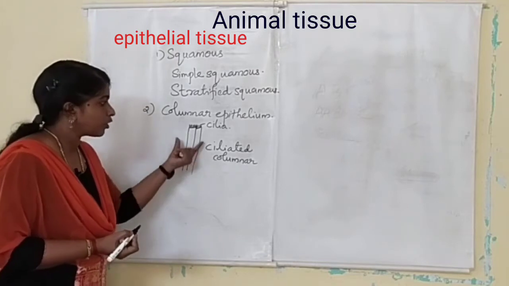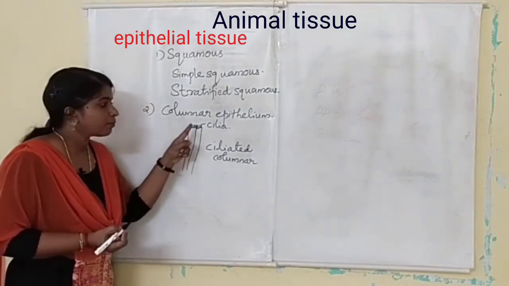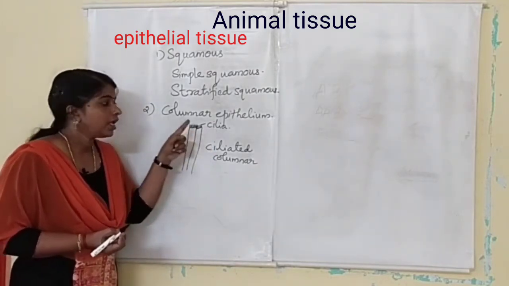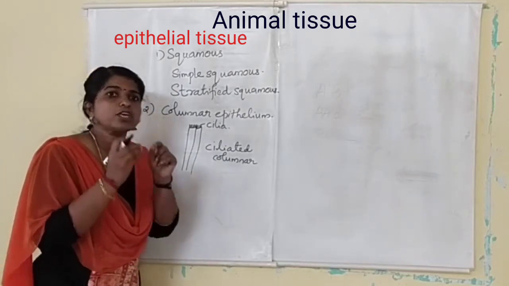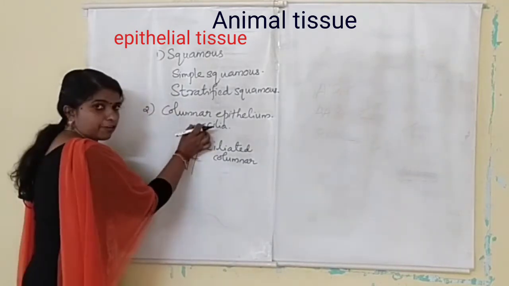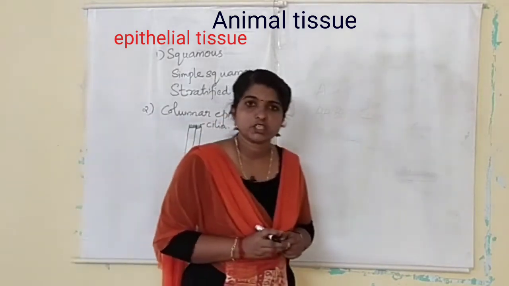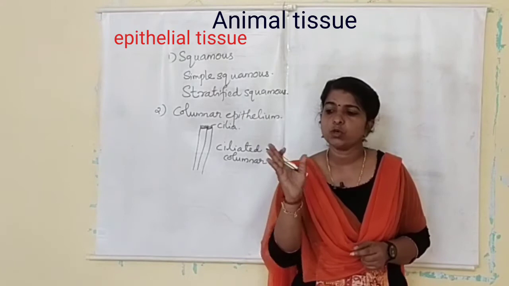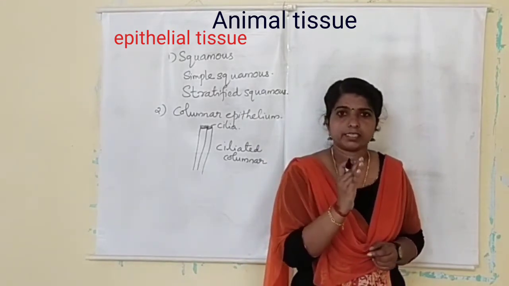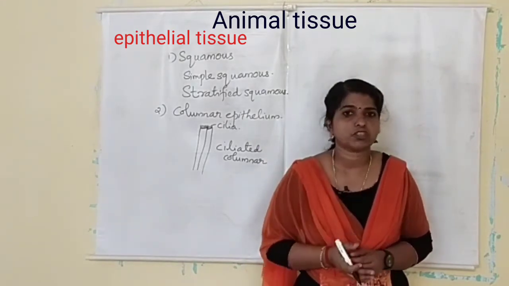Ciliated columnar because these are elongated cells but they bear cilia. Cilia means small hair-like structures on the free surface. These are normally present in the respiratory tract. Cilia help to push the mucus forward and clean the tract.